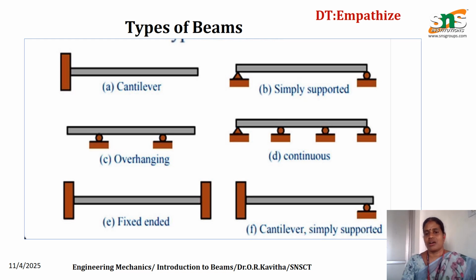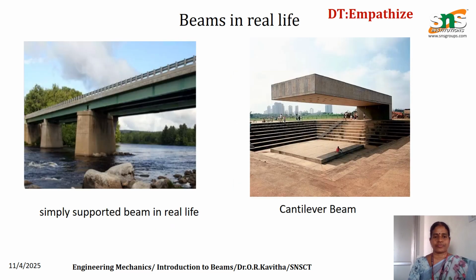Whenever the number of supports is more than 2, we are calling that a continuous beam. Here the 2 ends of the beam are fixed. It is a fixed beam. And here one end is fixed and another end is supported by the roller. We are calling that a propped cantilever, or cantilever simply supported.